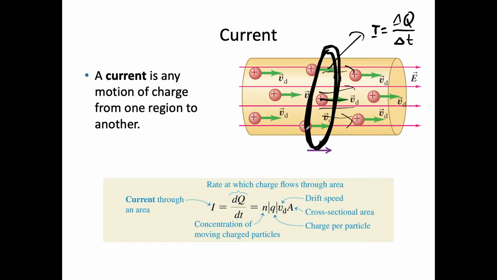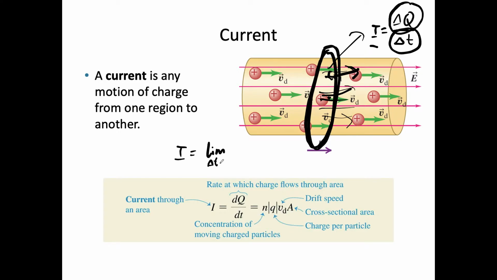Now current is defined as the charges moving through a cross-section in a unit amount of time. Which means the amount of charge moving across this cross-section divided by the time it takes gives me my current. And we can take a limiting case.